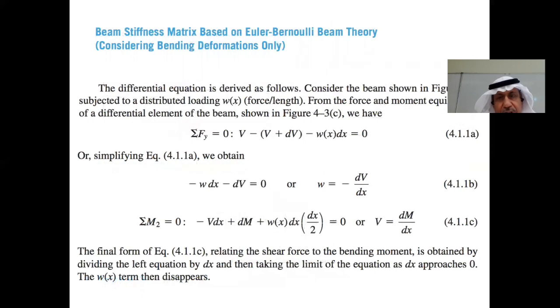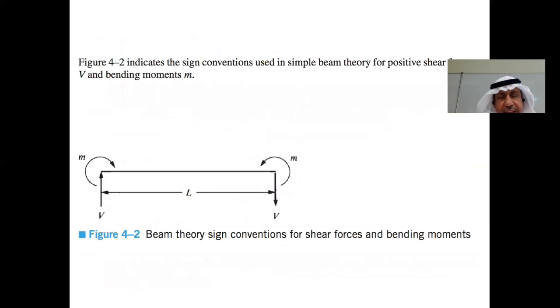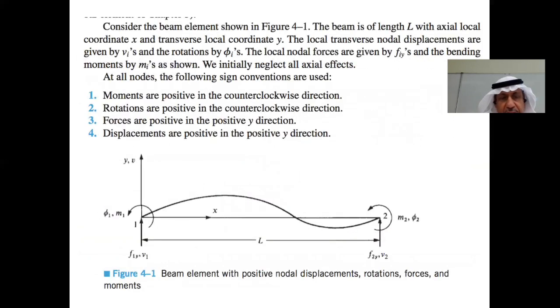What I want to tell you here is that the load is the slope of the shear, and the shear is the slope of the moment. Do you know that? How do we relate the deflection to forces and moment?